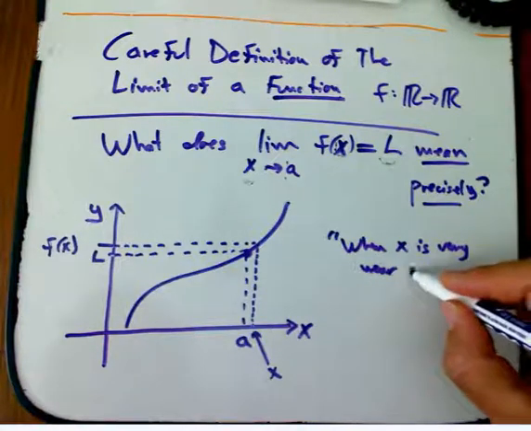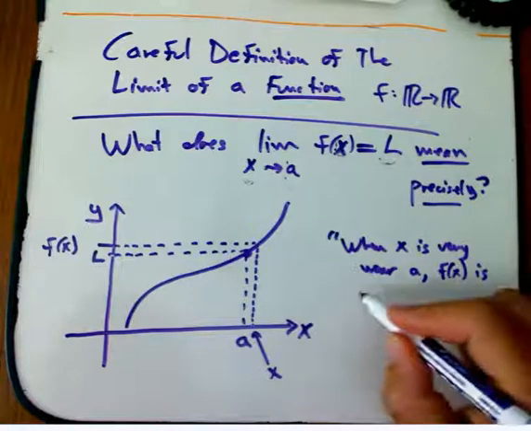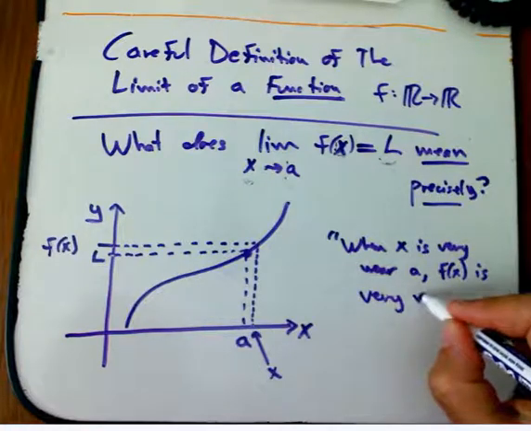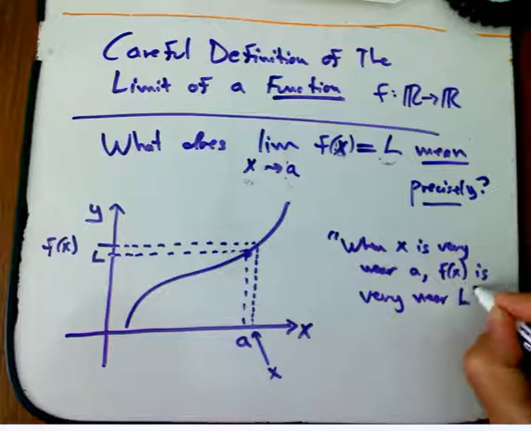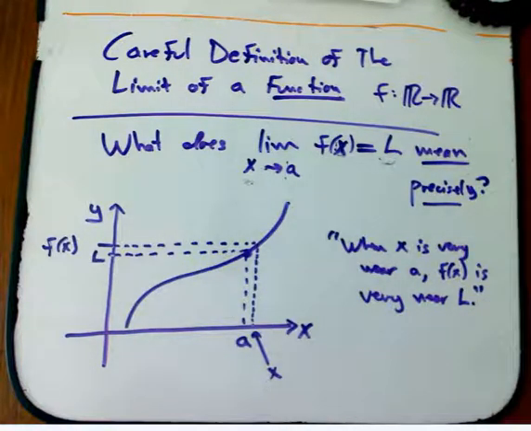When x is very near a, f of x is very near L. Okay. And we're going to make that precise in the somewhat surprising way we did with sequences, but it's going to be very analogous to that. So we need to quantify very near in both cases, and be more specific about that.